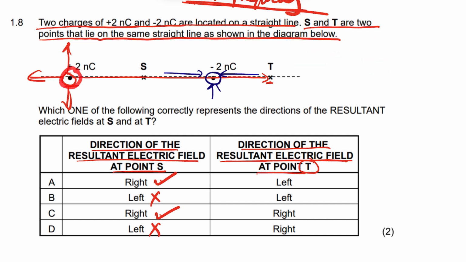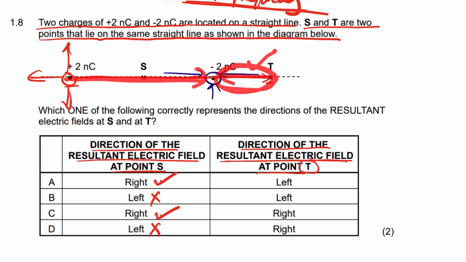So the electric field experienced by T from the positive charge is smaller than the electric field T experiences from this one. This one is going to pull it in that direction. The negative charge is going to pull T to the left. The bigger electric field between these two is this one, because this one is coming from a shorter distance and this one from a longer distance.